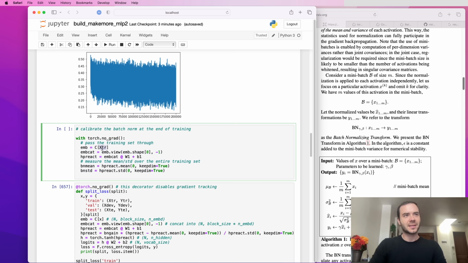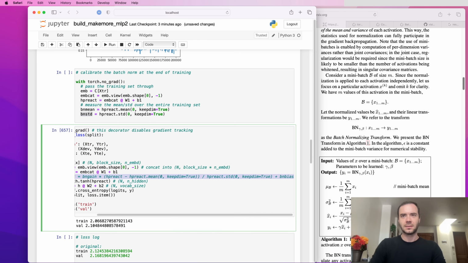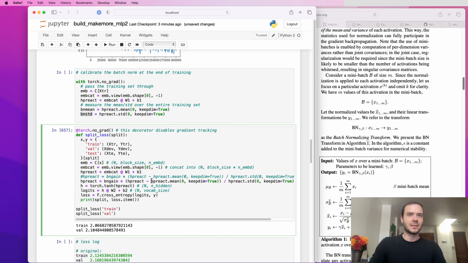We're going to take the training set, get the pre-activations for every single training example, and then one single time estimate the mean and standard deviation over the entire training set. And then we're going to get bnmean and bnstd, and now these are fixed numbers estimated over the entire training set. And here, instead of estimating it dynamically, we are going to instead use bnmean, and here we're just going to use bnstd.